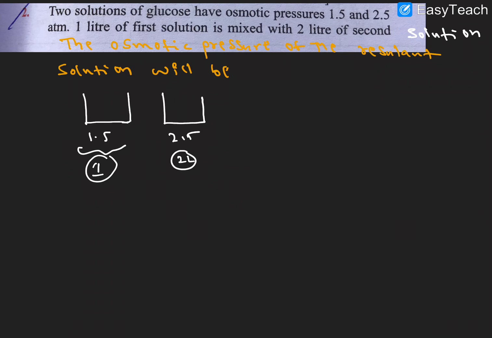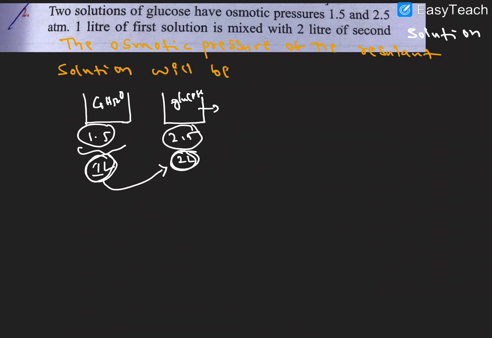The 1 liter solution is mixed with the second solution. What is the osmotic pressure of the resultant solution? One thing: this is glucose, C6H12O6, and this is also glucose. The solute is the same here, but osmotic pressure is different and volume is different.